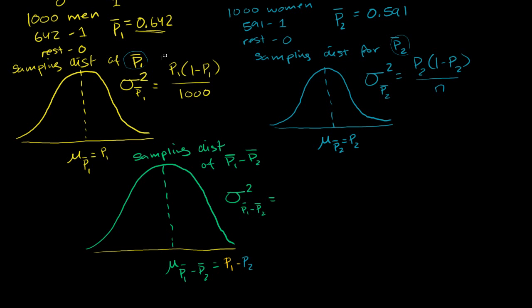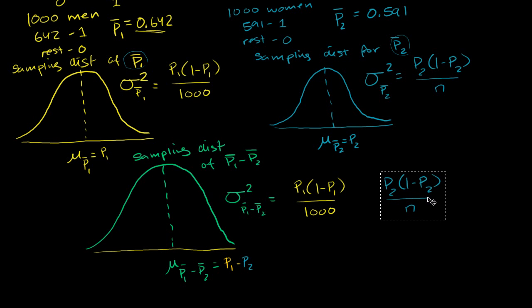So it's going to be this thing over here, I'll just copy and paste it, plus this variance over here. There's no radical sign because we're not taking the standard deviation. We're focused on the variance right now. So plus this thing right over here. So that's going to be the variance.